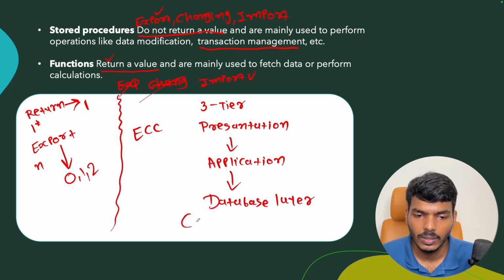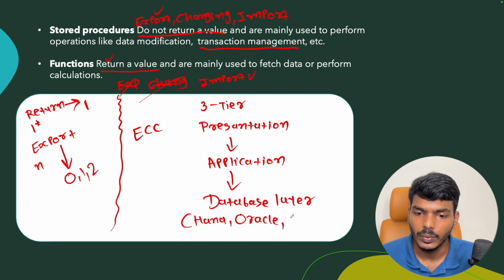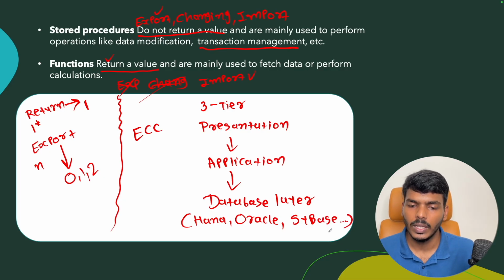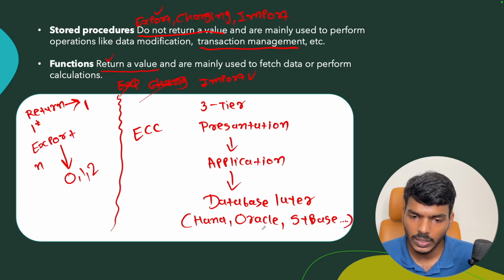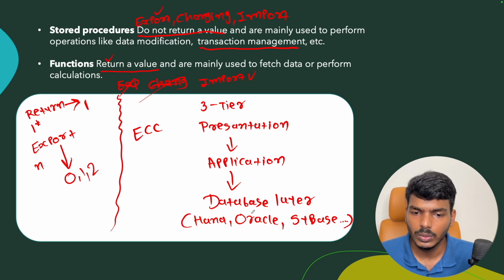What are they? We have HANA database, we can use Oracle database with SAP ECC, we have IBM database, we have MaxDB, we have Sybase database. So there are multiple databases we can use with ECC. Each of these databases uses multiple languages to create procedures and functions. Suppose Oracle supports C language to create procedures, and another database supports JavaScript.